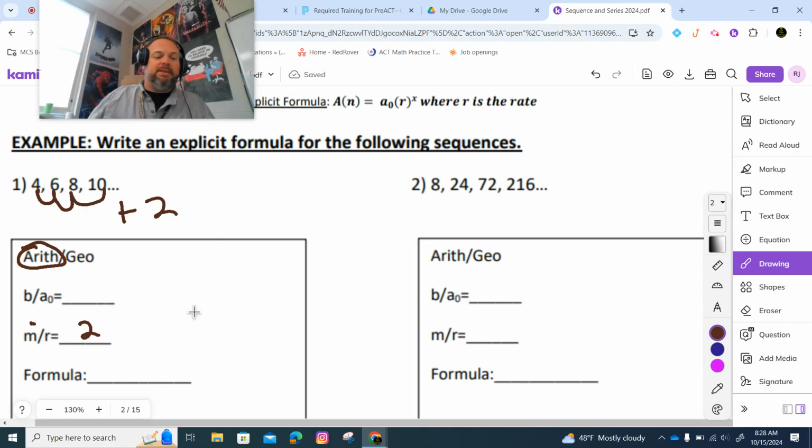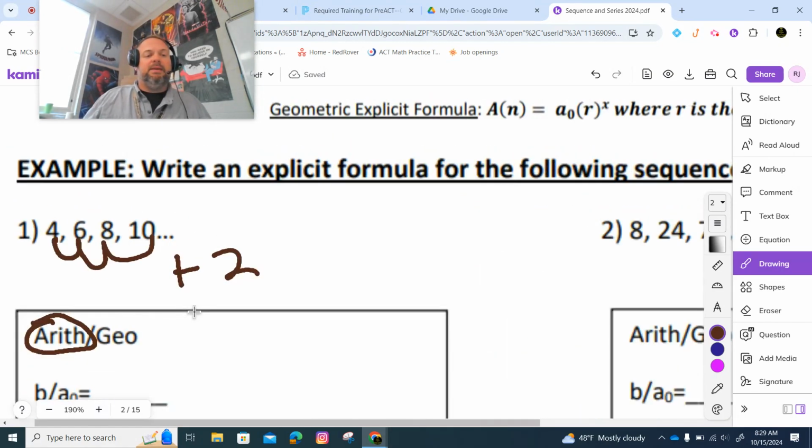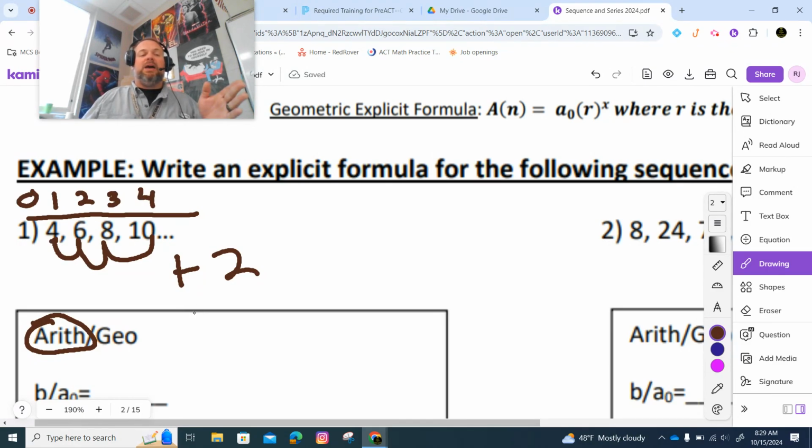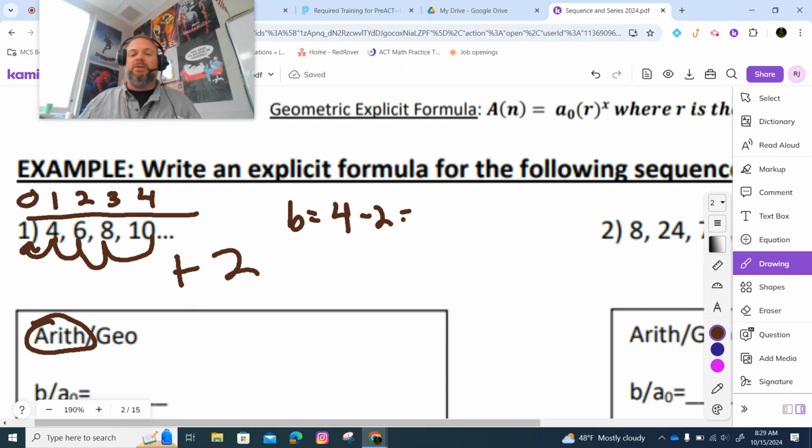Now, if we think about it this way, like if this is 1, 2, 3, 4, how would we get to 0? If this is adding, how would I get to this problem right here? Our B would be 4 minus 2, which is 2.